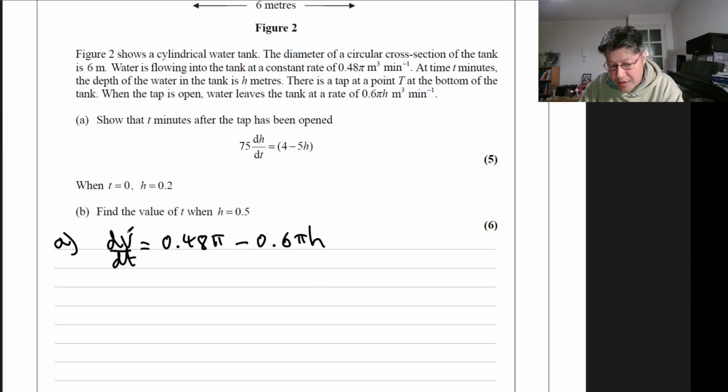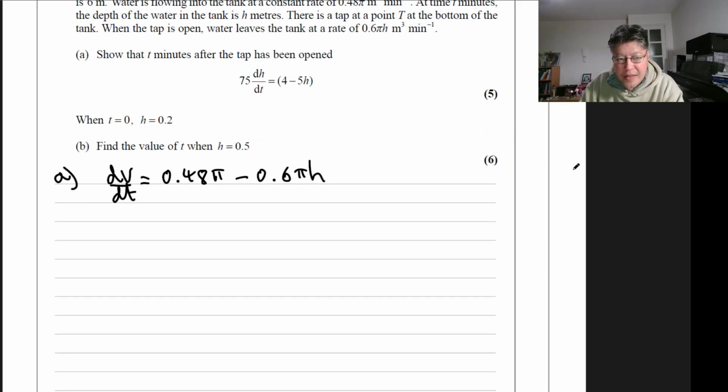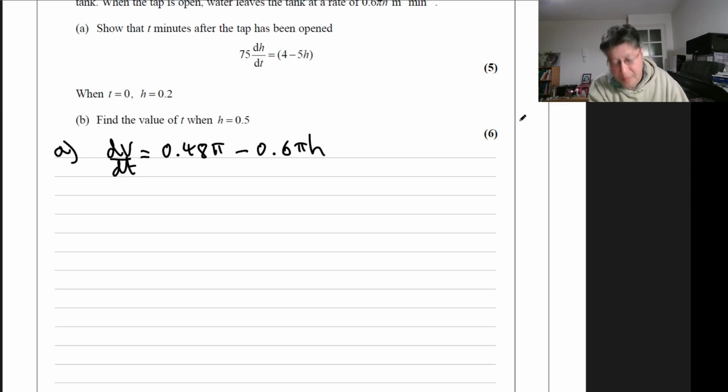So at the moment we've got dV/dt, but we want dh/dt. So the easiest way to do that is begin with what we want. So we want dh/dt, and we're going to use the chain rule to input the letters that are missing. So we only have h and t here, but in the problem we have a V. So we can input a V using the chain rule.